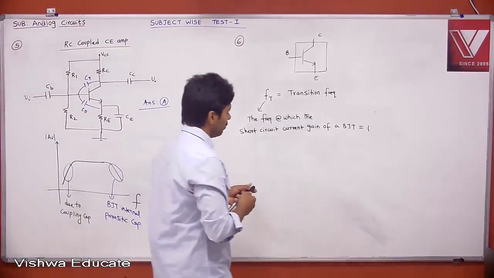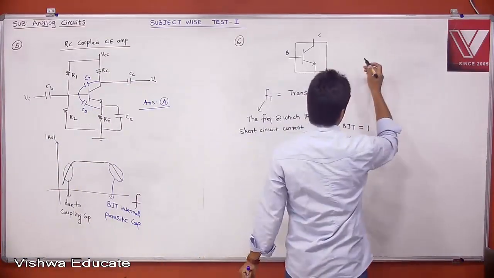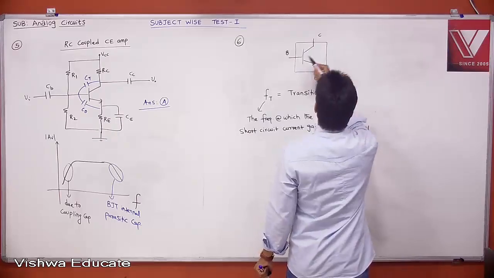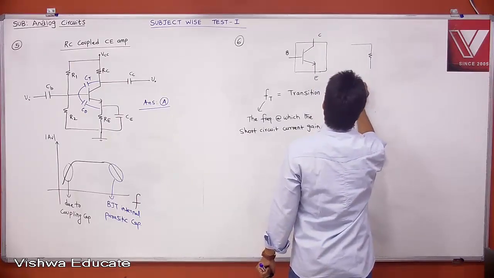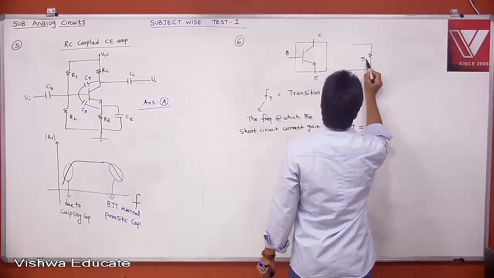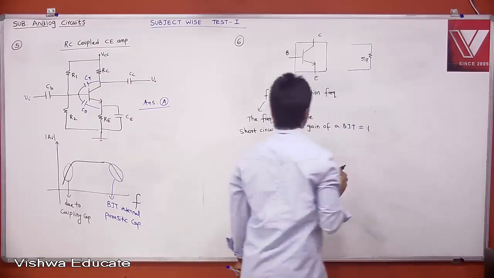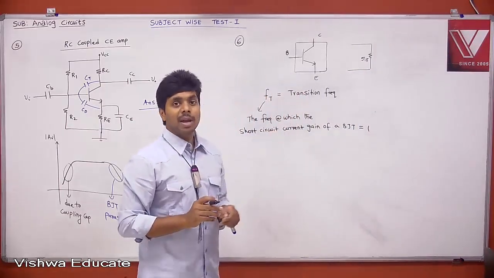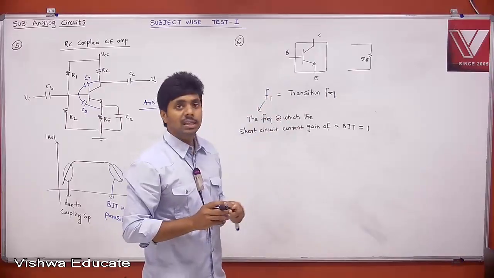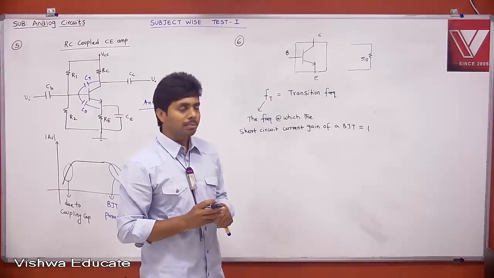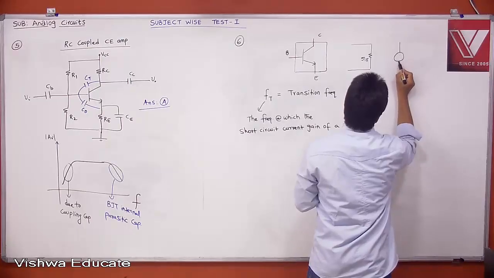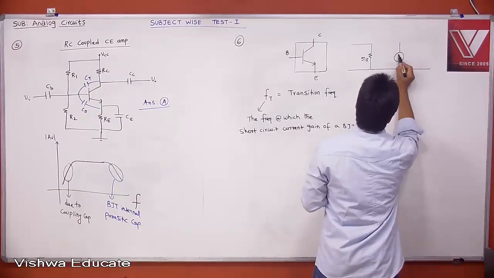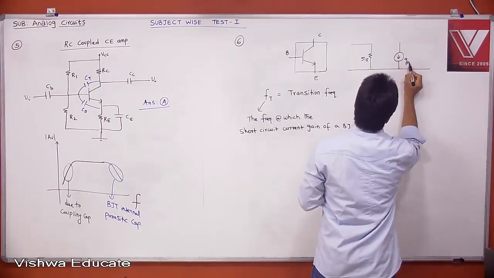Okay. Now, if you take the hybrid pi model, this is what it has. This is your input resistance, R pi. I think by this time you should understand. Actually, in the H parameter model, that is hie, but now it is R pi. Then on the output side, hfe into IB in the H parameter model, but in the hybrid pi model, this is gm into VBE.